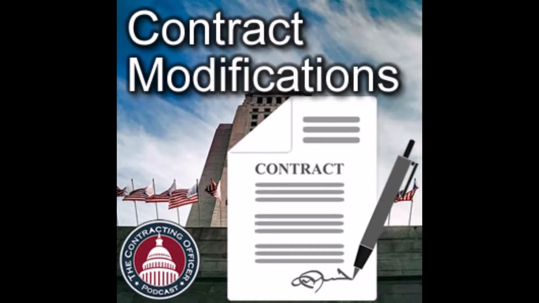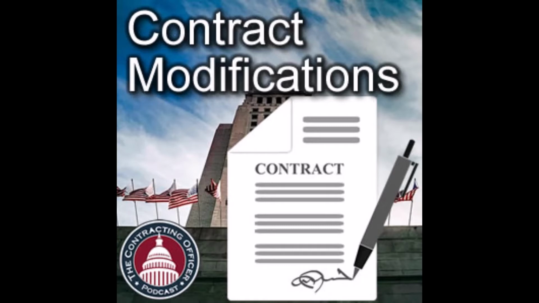So FAR 43 describes how to prepare and process contract mods for all types of contracts. I mean, construction, architect-engineer, those things are spelled out in there as well. But it doesn't apply to things like delivery orders under indefinite delivery contracts. So the government has the right to issue a delivery order or a task order to do some work.